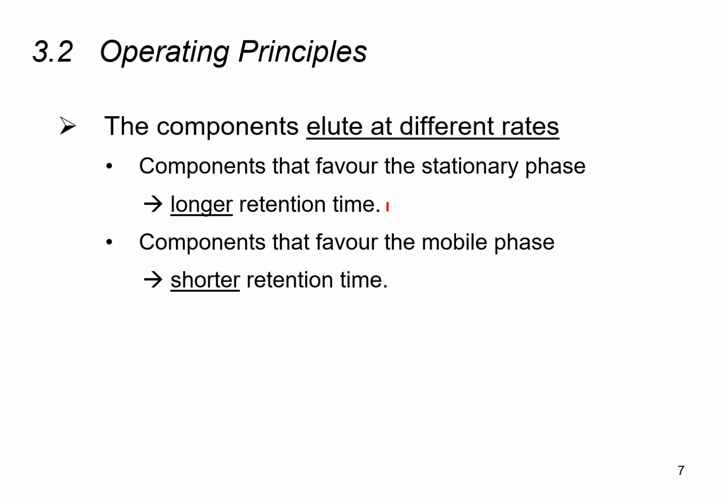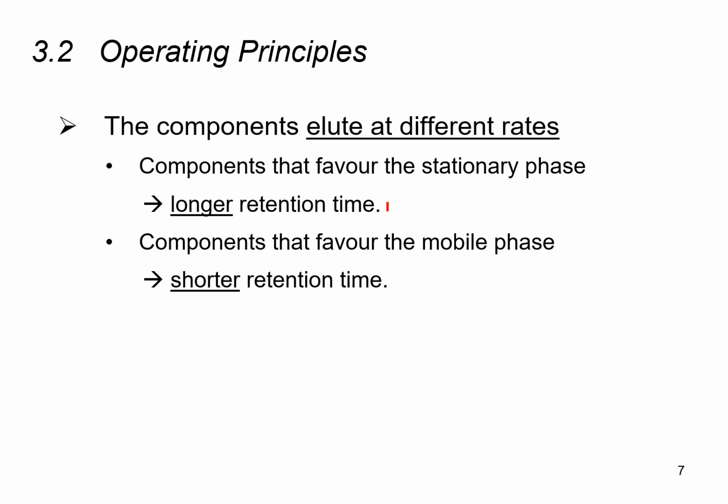That's the amount of time each component is retained in the column. So we mentioned that components that like to interact with the stationary phase will take a long time to leave the column, so therefore we say that they have a longer retention time.